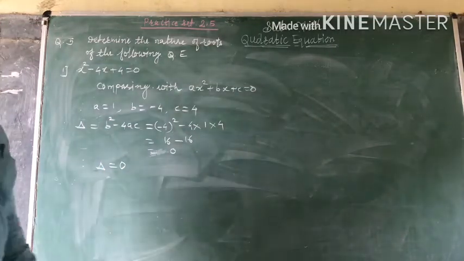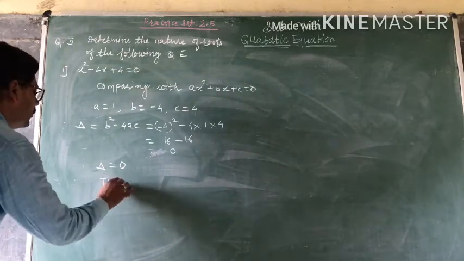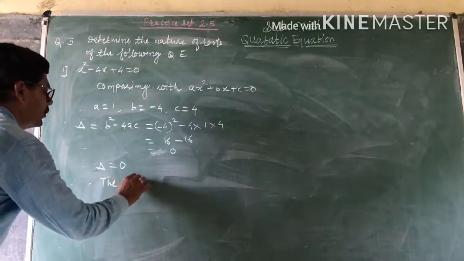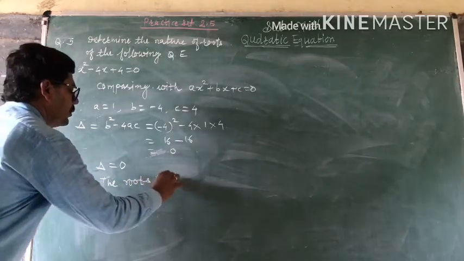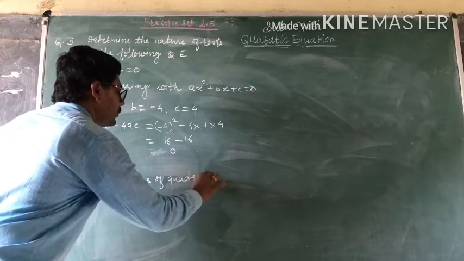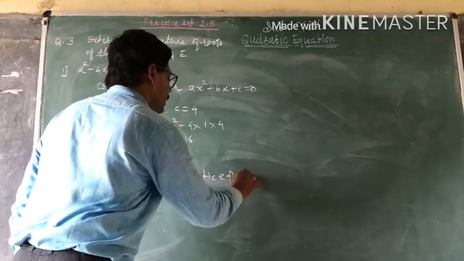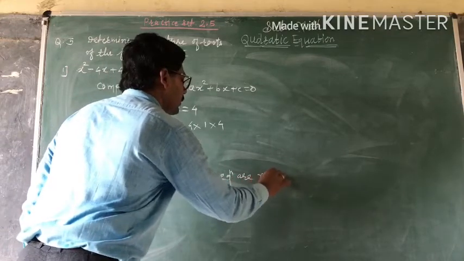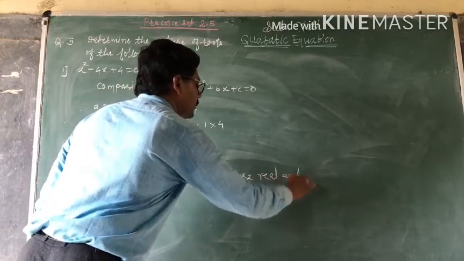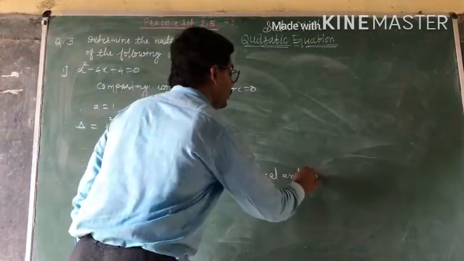The discriminant is 0, therefore the roots of the quadratic equation are real, and 0 means the two roots are equal.